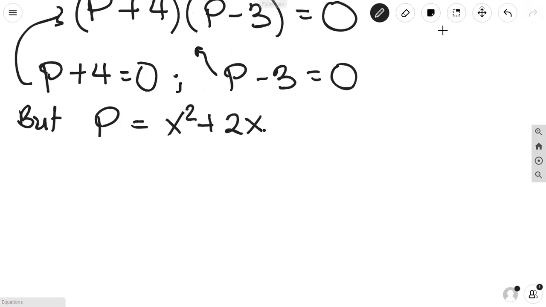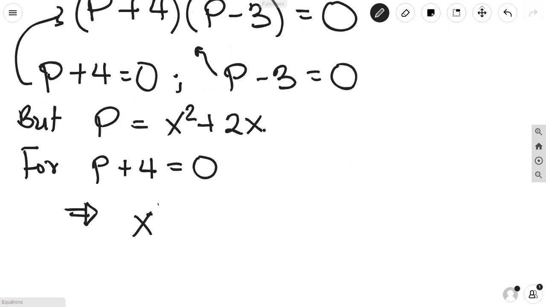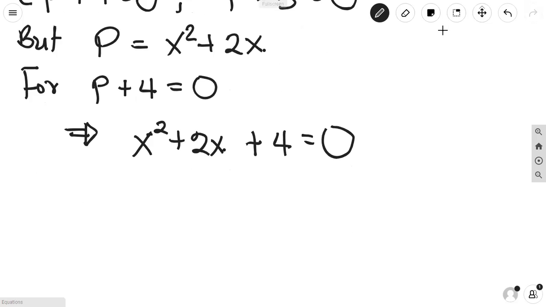Good. Now, for p + 4 equal to 0, that will imply that x² + 2x, which is p, plus 4 will be equal to 0.